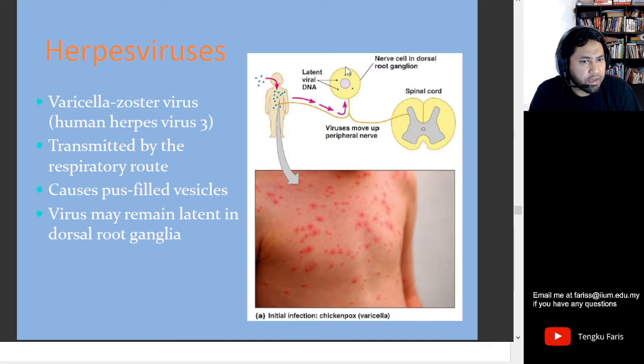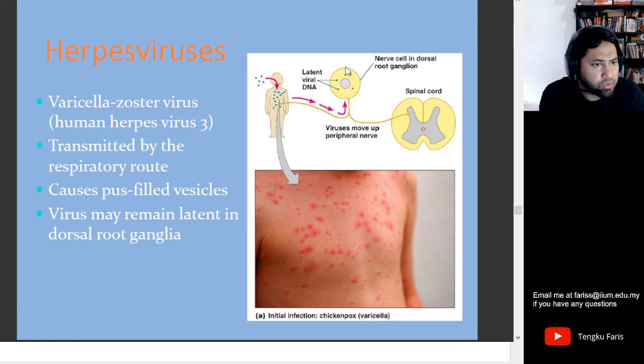Herpes viruses, you can see the mode of transmission where it's transmitted through the respiratory route. It can stay latent in your body system, and after that they can specifically bind to the nerve cells in the dorsal root ganglion. That is invading the central nervous system via the blood.